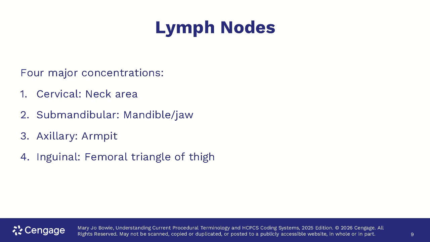Let's see what else. Next up, procedures on the lymph nodes. And in this area, it should be noted that even though the lymph nodes are located throughout the body, there are four major concentrations of lymph nodes. Cervical, located in the neck area; submandibular, which is located under the mandible or lower jaw.